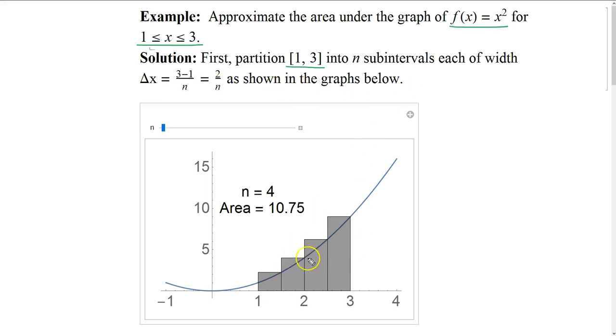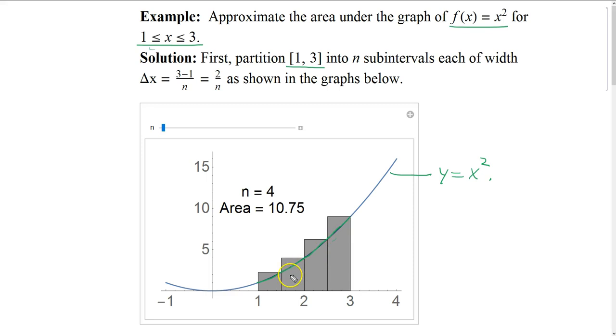So here's what we're going to do. In this graph down here, you see the blue curve, that's our function, y equals x squared. And we want to approximate the area from 1 to 3, that's underneath the graph of the curve. So right here's our curve.